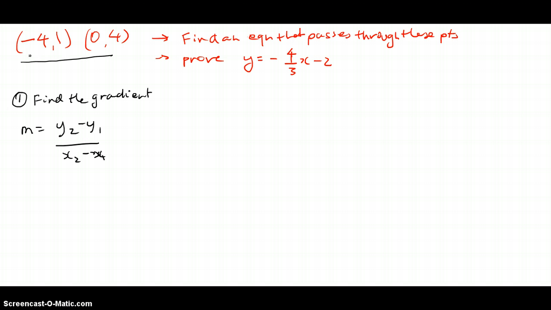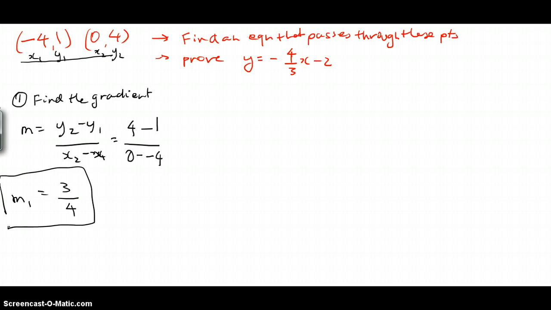So this is going to be x1, y1, x2, y2. So what's the value of y2? 4, minus y1 is 1. What's the value of x2? 0. What's the value of x1? Minus 4. So this should equal 3 over 4. So m1 in this case is equal to 3/4.